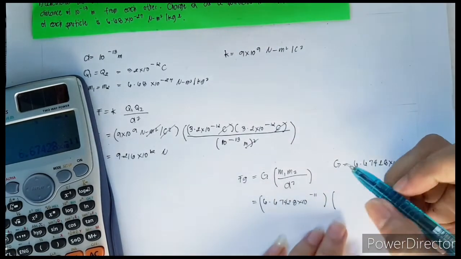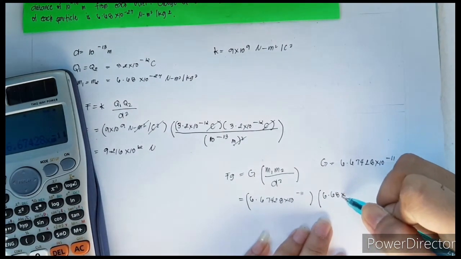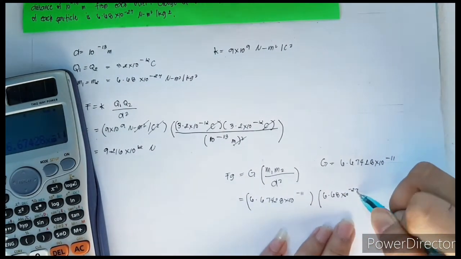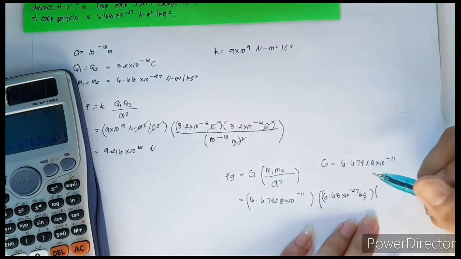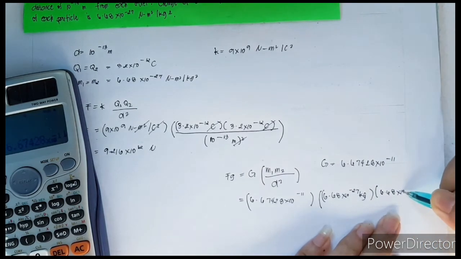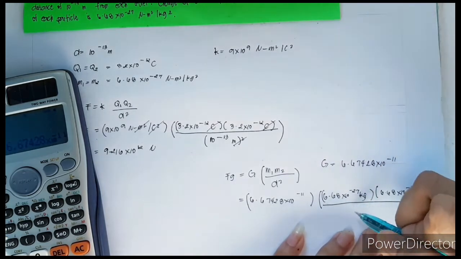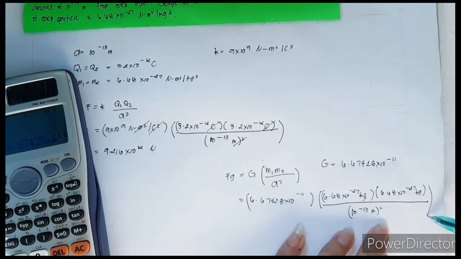For our value of mass, we have here 6.68 times 10 raised to negative 27 kilogram. And for our M2 also, we have 6.68 times 10 raised to negative 27 kilogram. And for our distance, we have 10 raised to negative 13 meters squared.